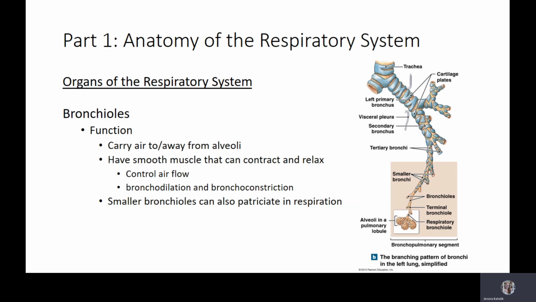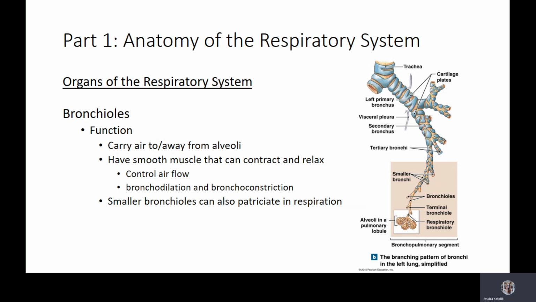When we're relaxed and chilling out, we're going to have that bronchoconstriction. We don't need as much airflow going to our alveoli and therefore going into our blood. And so the bronchioles are going to constrict.